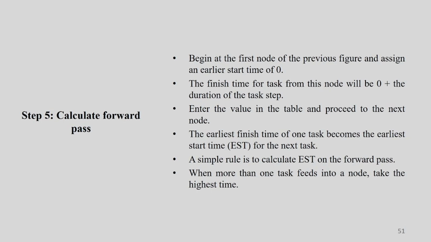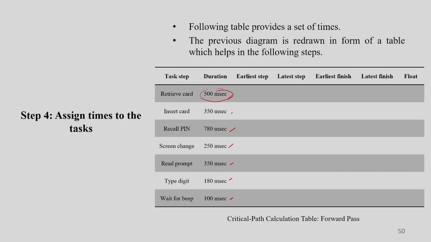Enter the value in the table and proceed to the next node. The earliest finish time of one task becomes the earliest start time for the next task. So what will be the earliest start time for screen change? 500 plus 350 plus 780. So the earliest start time for screen change is 500 milliseconds plus 350 milliseconds plus 780 milliseconds.